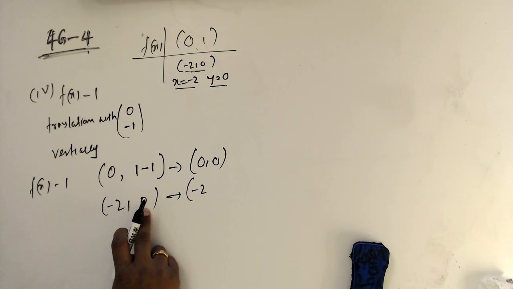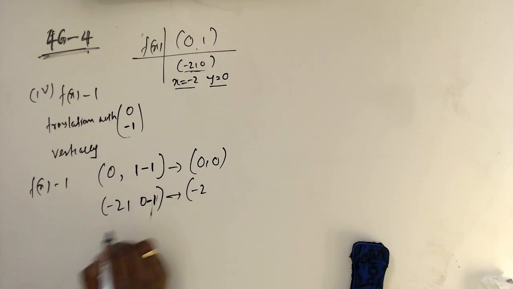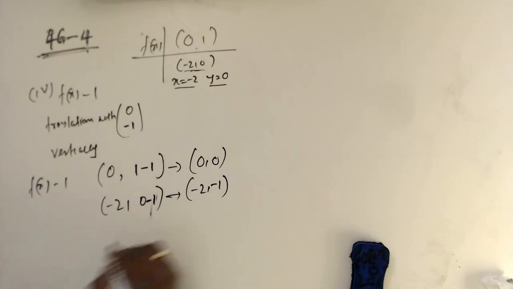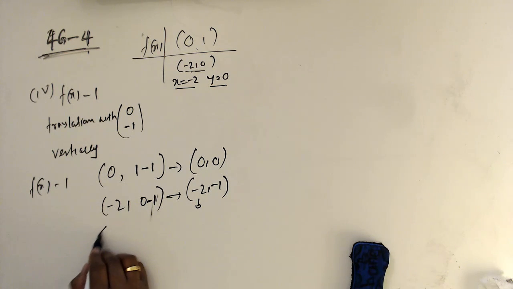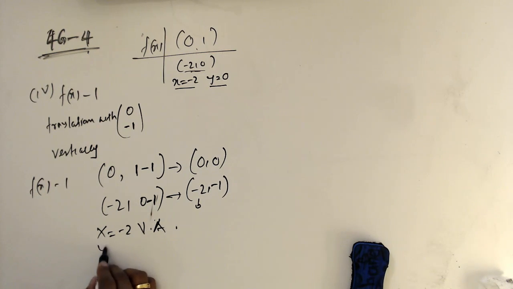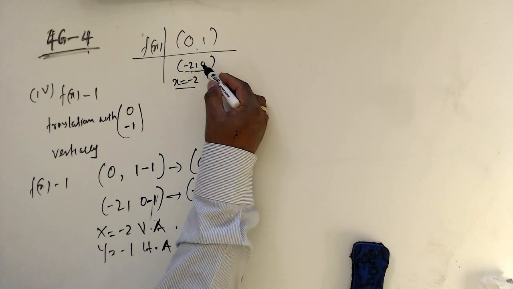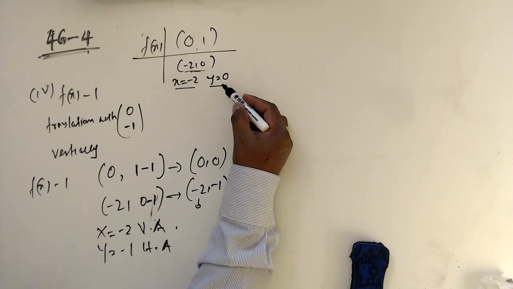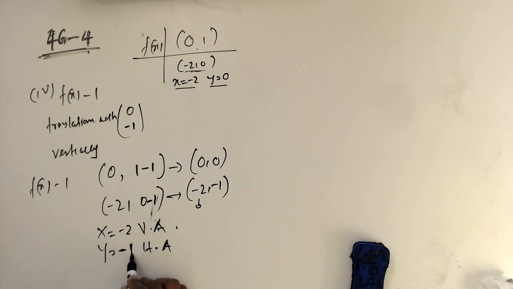But this is going to be 0 minus 1, which means the answer is minus 1. Now this will tell that x equals minus 2 is the vertical asymptote and y equals minus 1 is the horizontal asymptote. Earlier the horizontal asymptote was 0. Now it is minus 1.